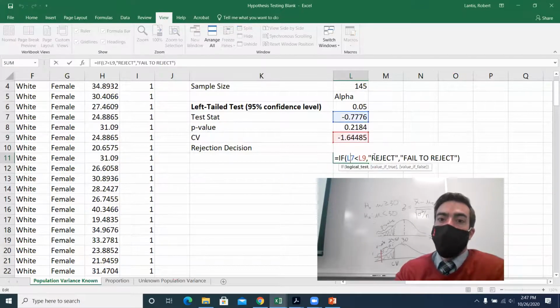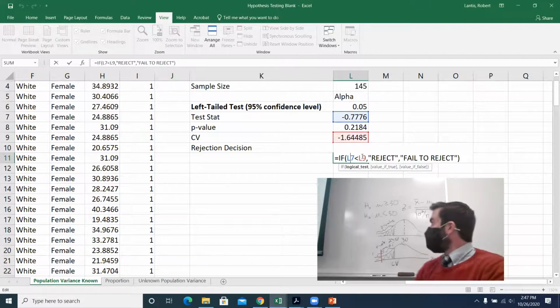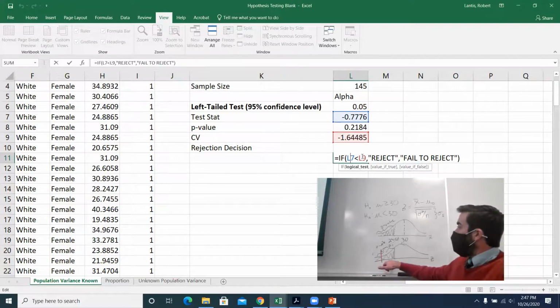But one thing with this if statement you could also have done, notice, I said this last week, you can always make your rejection decision by checking if the absolute value of your test statistic is greater than the absolute value of your critical value.